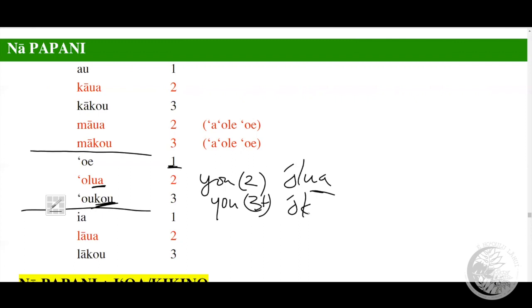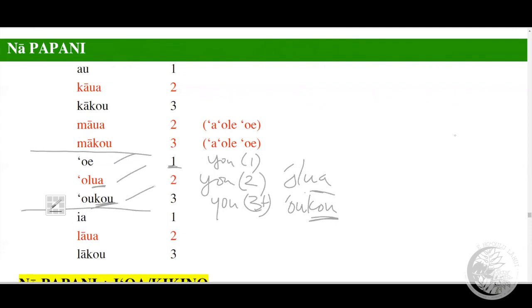Oh, sorry, I need to respell this. Which is the word 'oukou. All of you. You guys. Yeah, 'oukou. So, the second person is pretty straightforward. Yeah, we say 'oe, 'olua, and 'oukou to represent you. You one, you two, and you all. Yeah, all of you, 3 or more.